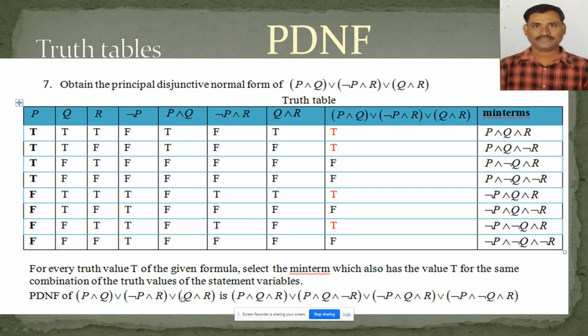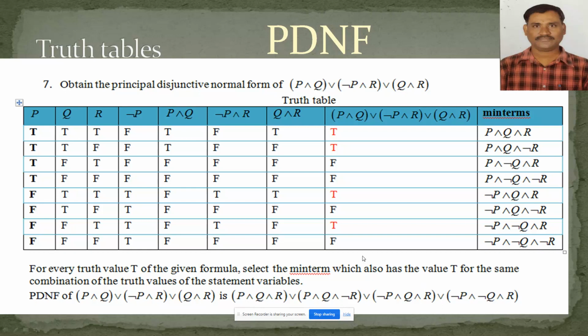So PDNF of this is P and Q and R, or P and Q and negation R, or negation P and Q and R, or negation P and negation Q and R.